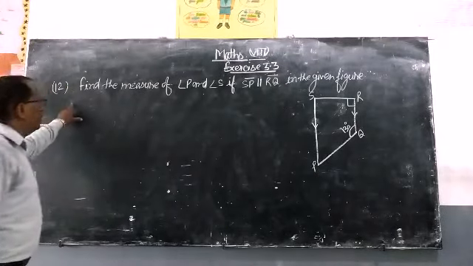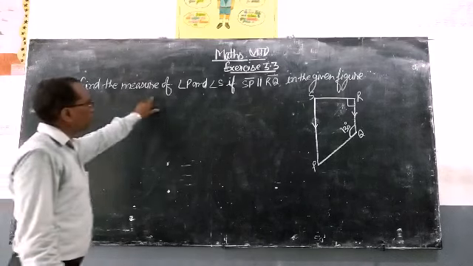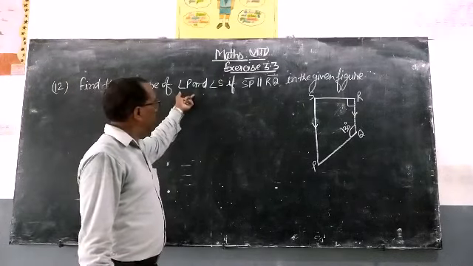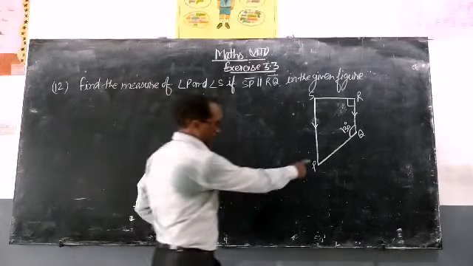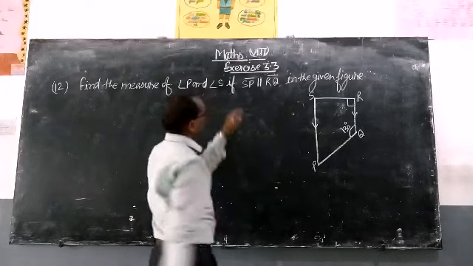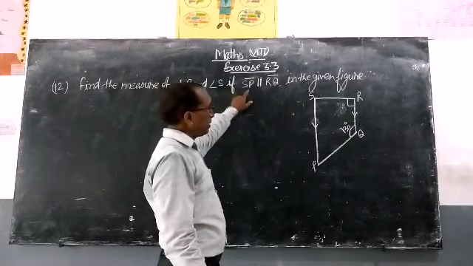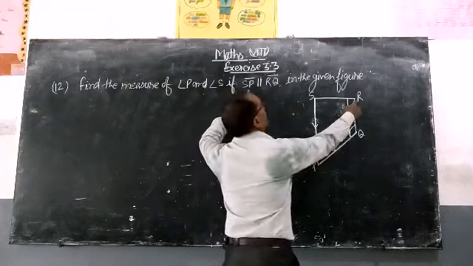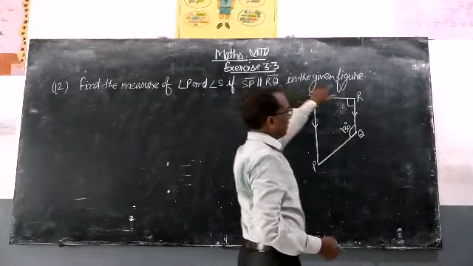Question number 12. Find the measure of angle P and angle S if ST is parallel to RQ in the given figure.